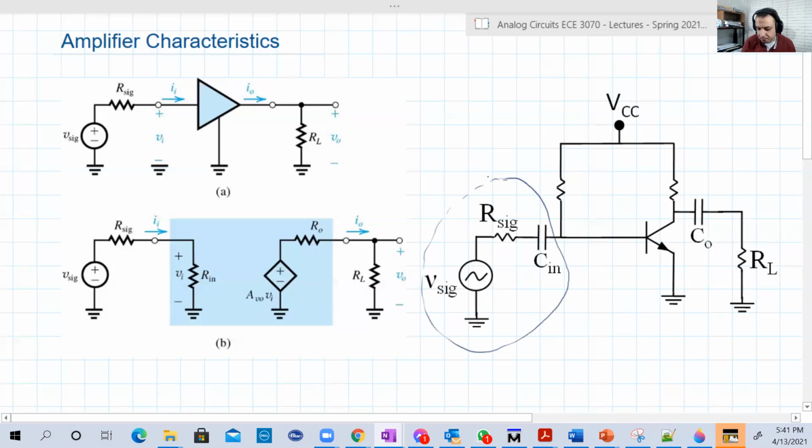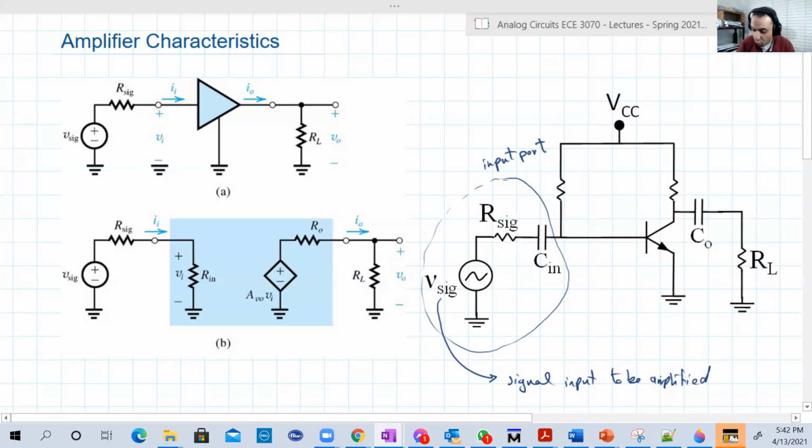Let's analyze the three elements we see in the input part. So we have the signal, which is basically the signal input to be amplified, the small signal that we want to amplify.